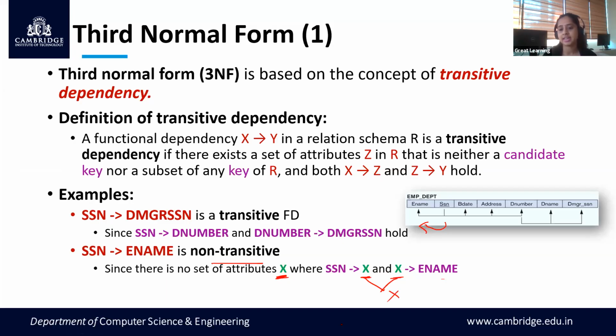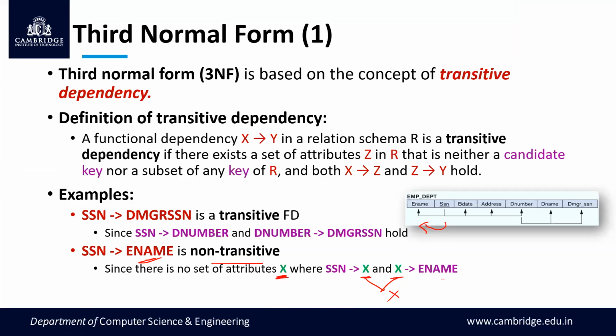As we are not finding any new attribute in between which derives ename, SSN determines ename is not a transitive dependency. Is it clear now?